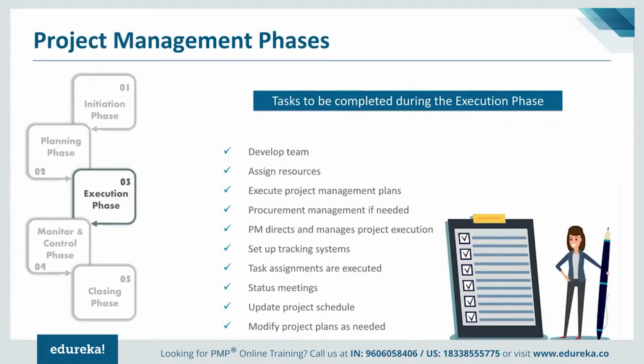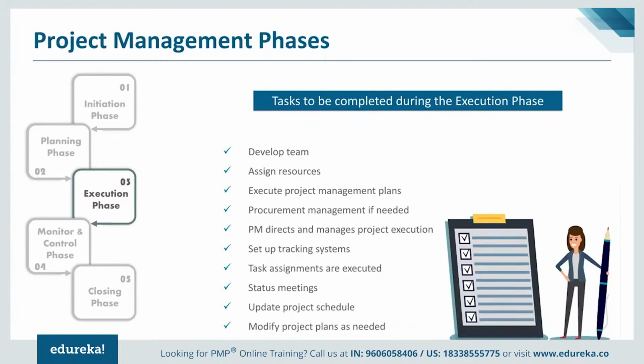So it could be MS Project, or it could be Clarity from CA, or it could be even a simple Excel sheet, or if it is an agile project, then you could be using certain workflow management tools, Jira, or for that matter, whichever the tool, VersionOne, Rally, etc., which you would be using. And that's where the task assignments will come into the picture. The continuous tracking will come into the picture, because these tools will actually help you in continuously tracking as well.